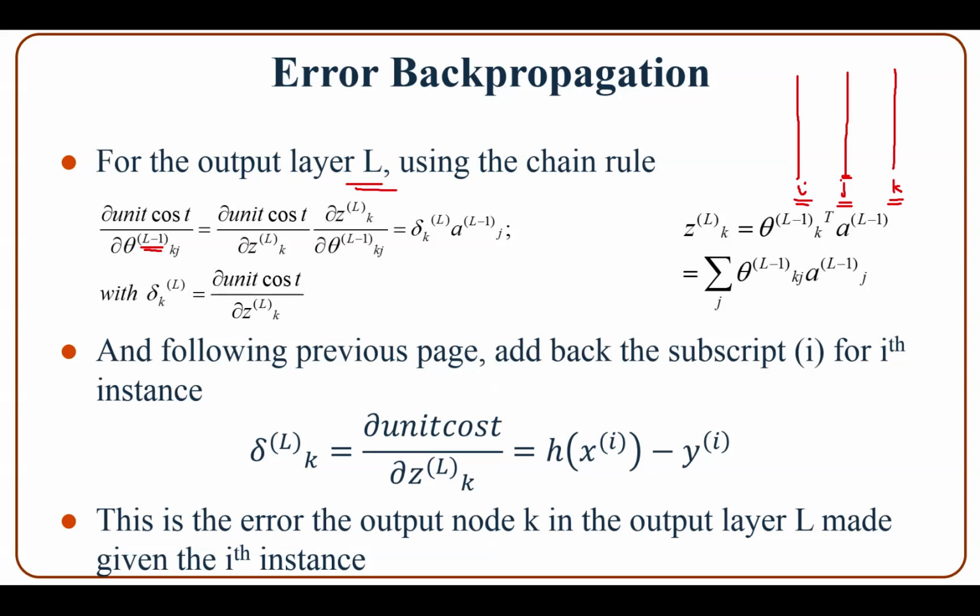So using the chain rule, the derivative of the unit cost with respect to theta L-1 kj is equal to the derivative of the unit cost with respect to z Lk times the derivative of z Lk with respect to theta L-1 kj. So this is the illustration.